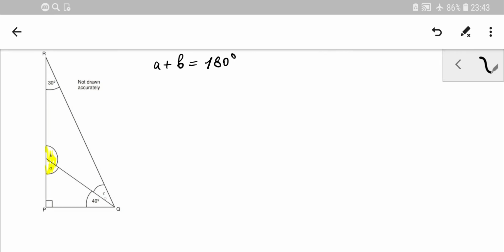We also know that C and 40 should form the rest part of the angles in the triangle. Because we know that if we add 90 degrees with 30 degrees and with the rest part, which is C and 40 together, we'll have the sum of all interior angles in the triangle.